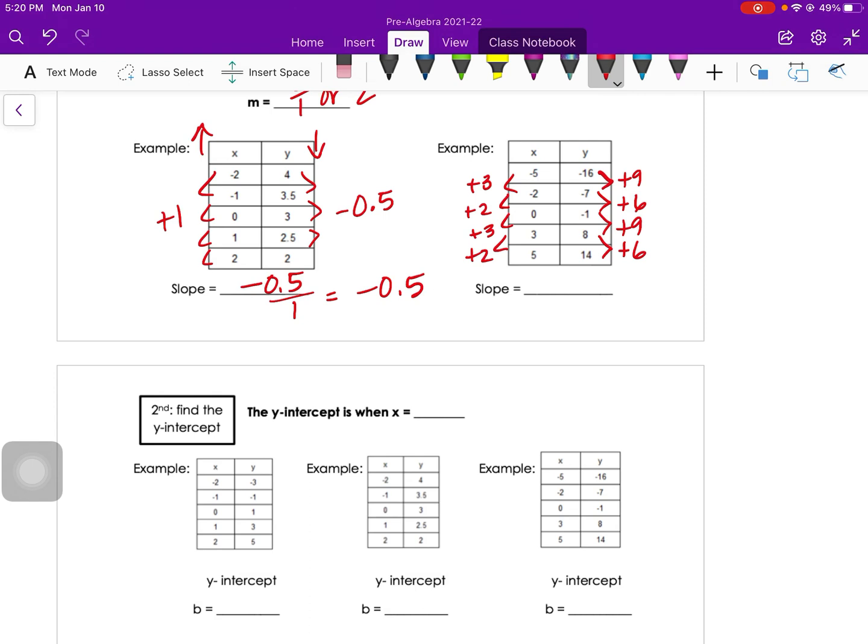Between the first 2 points, the change in y over the change in x is 9 over 3. And between the second 2 sets of points, the change in y is 6 and the change in x is 2. Well, when you simplify both of those, notice they both simplify to the number 3. Therefore, it proves that those ratios are equivalent and the slope of the line can just be written as 3.